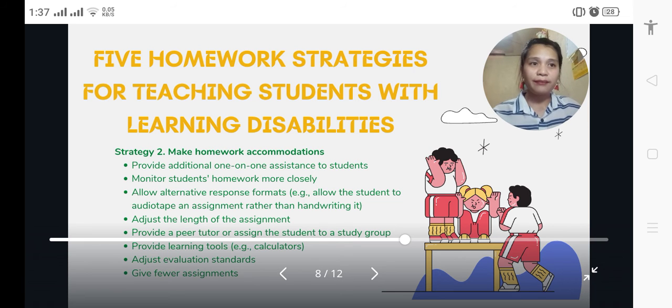We should focus on the strengths. Okay, and then lastly, give fewer assignments. So we don't exercise giving many assignments, just few, because learning also takes place in the classroom.